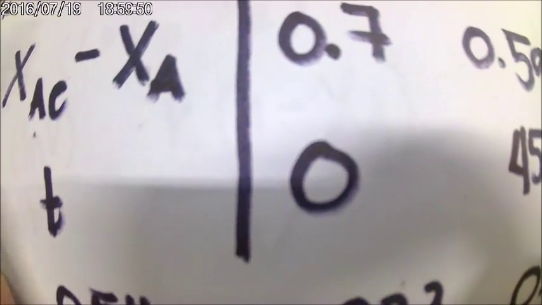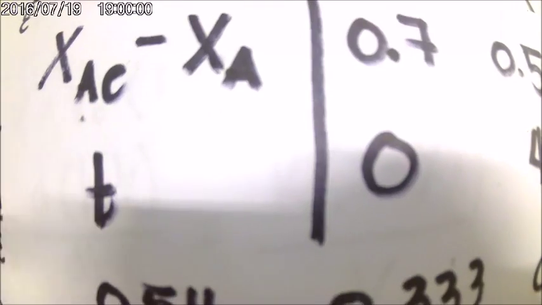I got 0.7, 0.592, 0.511, 0.333, 0.282, 0.207, 0.135, 0.099, and 0.072 with their respective time. So what we do now is plot this in the calculator and solve for it. I plot t versus negative ln of (XAE minus XA).